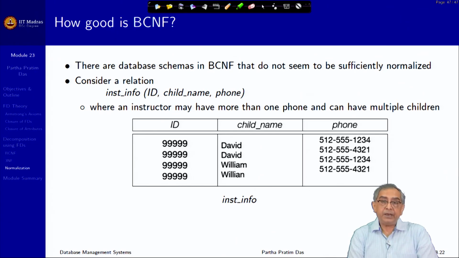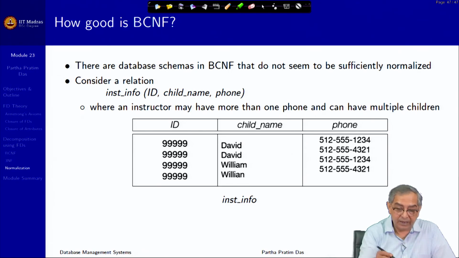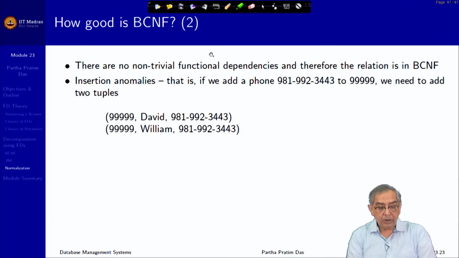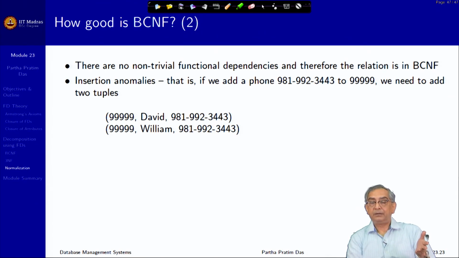So, we are considering an instructor info table, which has ID, child name and phone, and every instructor may have multiple children and may have multiple phones. This is an instance which you can see is full of redundancy. There is no non-trivial functional dependency here, nothing determines anything. So, the relation is in BCNF.